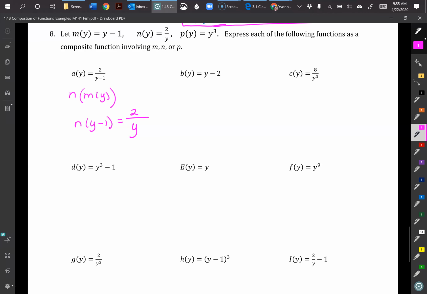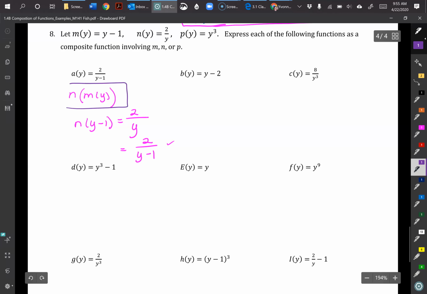So I would end up with 2 over y minus 1. So that's what I have here, and so this works. So let's just mark that down, that works. So you can show your attempts. Sometimes you just need to play with it a little bit, but if you think in terms of which is the inner and which is the outer.